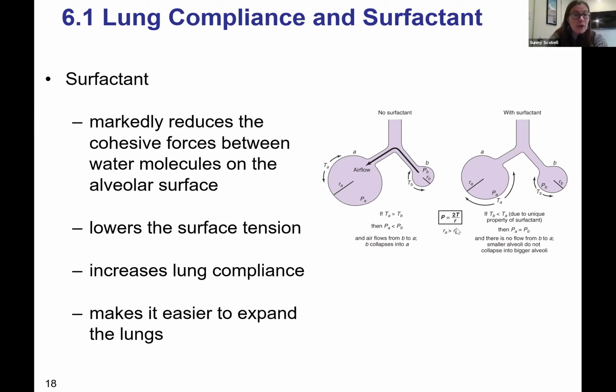And then you're just comparing pressures inside the alveolus. And without surfactant, you're going to have greater radius in A than B, and you're going to have less pressure in A than B. But the surfactant actually equalizes the pressure in the two.